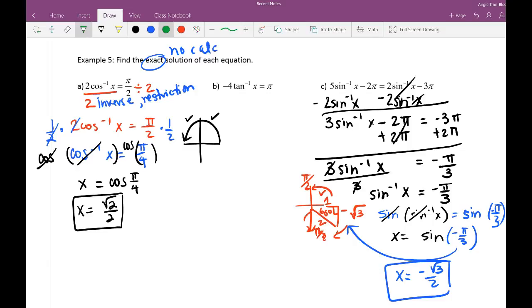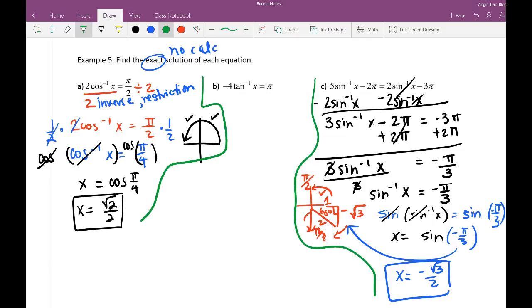All right, last example. It's the one in the middle, which is by far the easiest one. First thing is I will divide everything by negative 4. So tangent inverse of x equals negative pi over 4. I'm going to now compose both sides, using a different color.